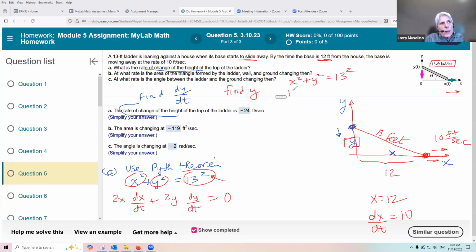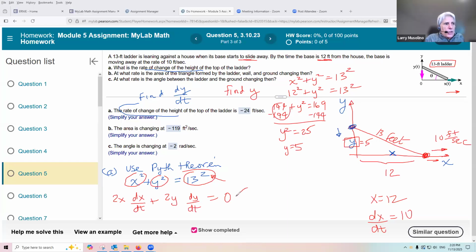The X is 12. The Y is unknown, so we can use this to figure out the value of Y. So this is 144 plus Y squared equals 169. I'm going to subtract 144 from both sides here. And that's going to get me Y squared equals, what is this? 25. Yep. So Y is 5. So we know this Y dimension is 5.